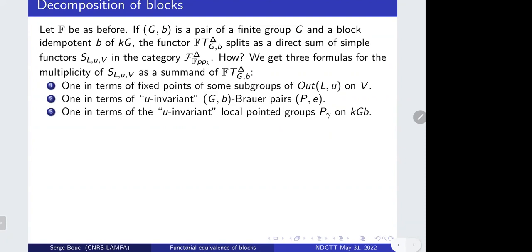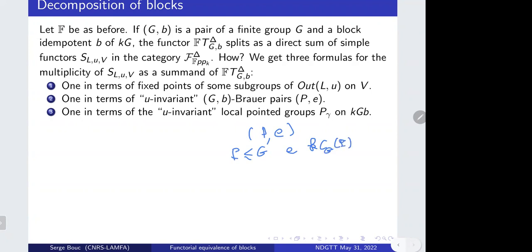And in one of them, what appears in the second condition is indeed the Brauer pair, that is, the fusion system of the block. But in the formula, we need more than merely the fusion system. We need, in addition, to know for such a pair (P, e), a so-called Brauer pair, consisting of a p-subgroup P of G and a block idempotent e of K C_G(P), the centralizer of P.